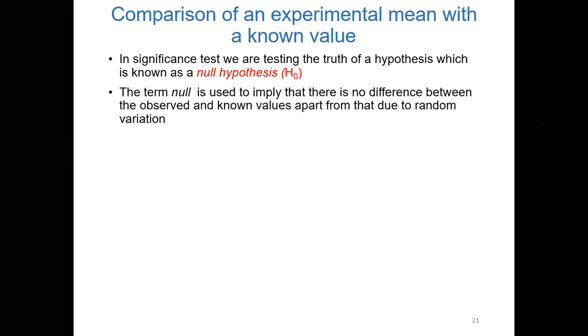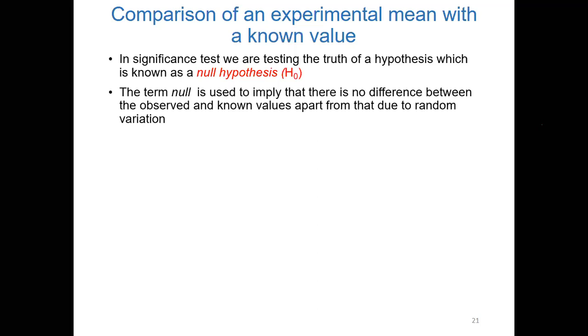When you define a null hypothesis for that case, your hypothesis should be that there's no difference between 10.01 and 10. 10.01 is the observed one, 10 is the known correct one. So you have to have a hypothesis that there's no big difference between the known value and the observed value. And then you have to test this hypothesis.